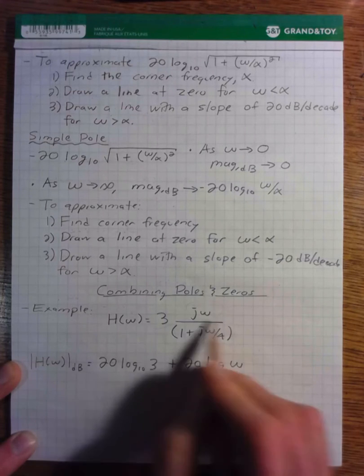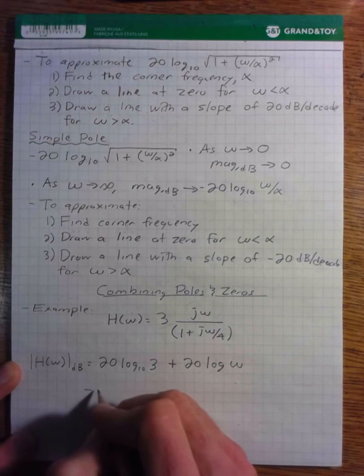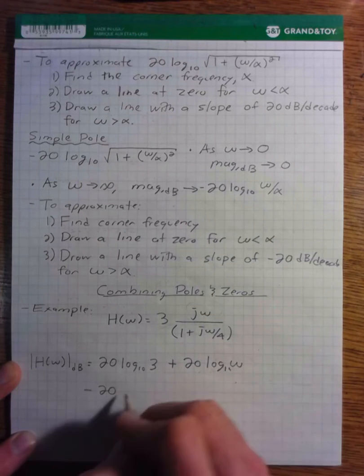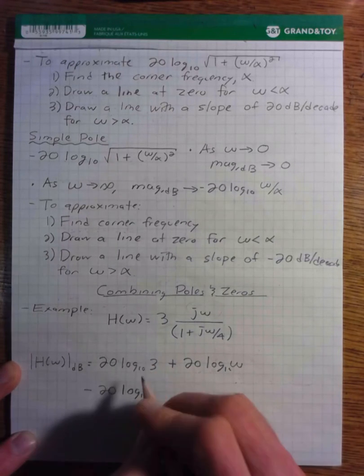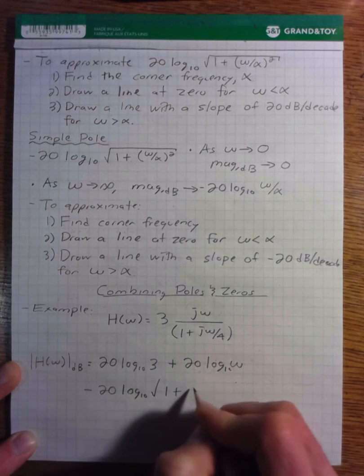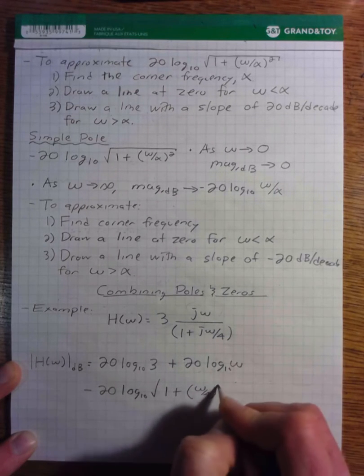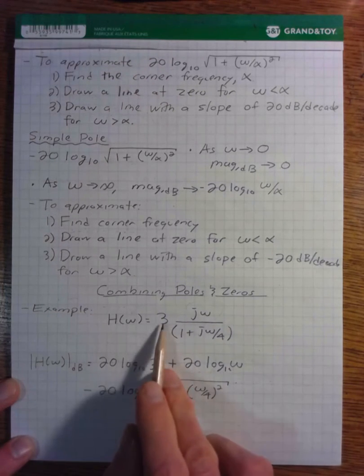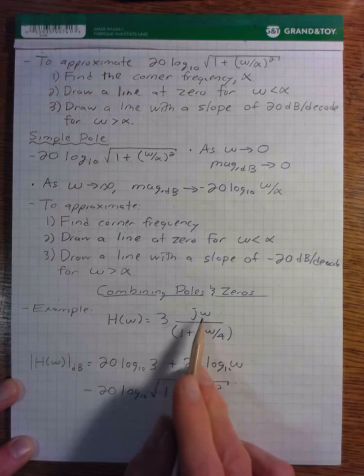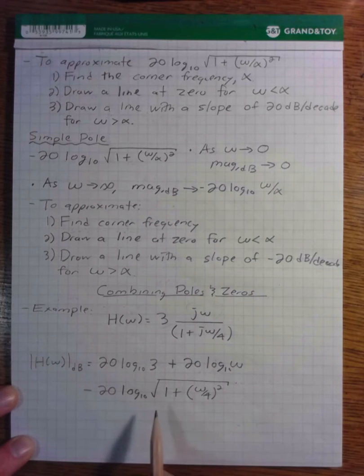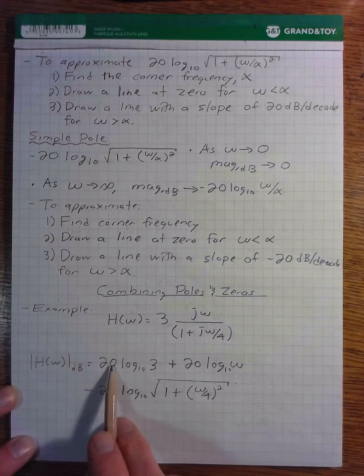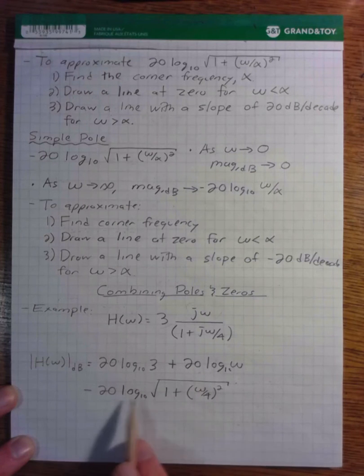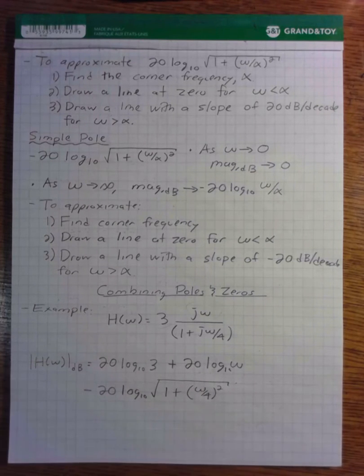This term takes care of the 0 in our numerator, minus, and these are all base 10, minus 20 log base 10 of the square root of 1 plus omega over 4 squared. And so these are the three terms corresponding to the constant, 0 at the origin, and simple pole. Basically, what I want to do next is to plot the frequency response for each of these three terms by themselves. And then the overall frequency response is just going to be the addition of all of those three plots.